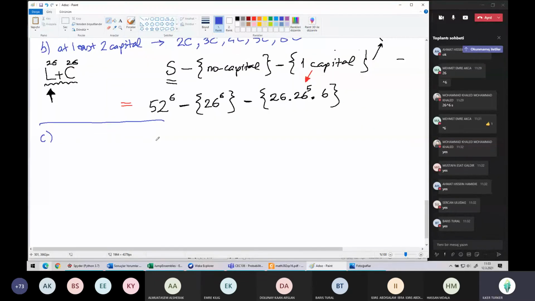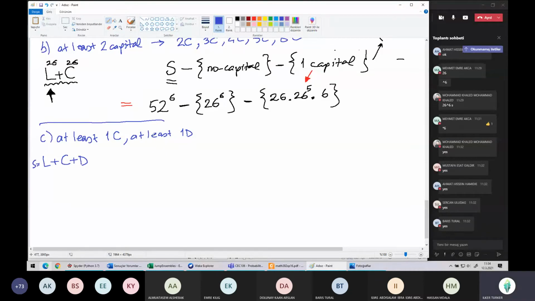Here we can use lowercase, capitals, and digits for the sample space.